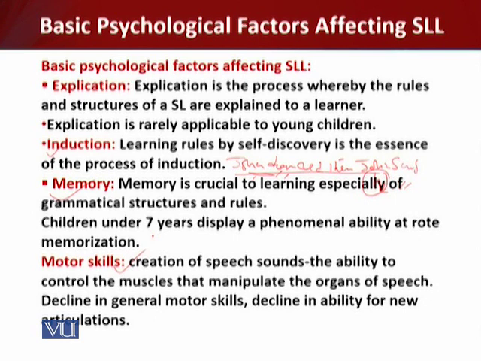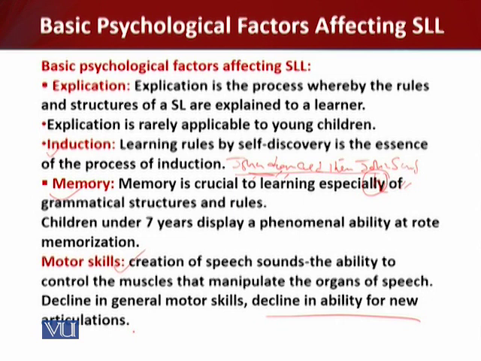Since the decline is of such a general nature, involving many muscle groups, it seems likely to be due to some change in central functioning in the brain. Decline in the ability for new articulation means that as we age and as our ability to acquire new motor skills declines, our ability to command the articulators of speech is negatively affected.